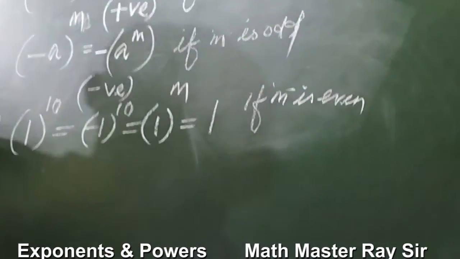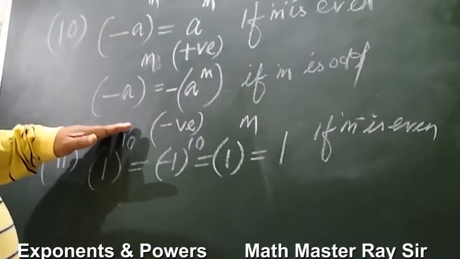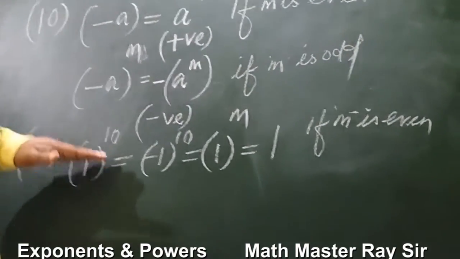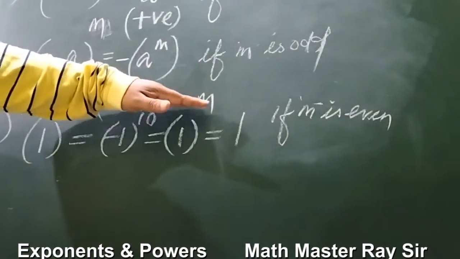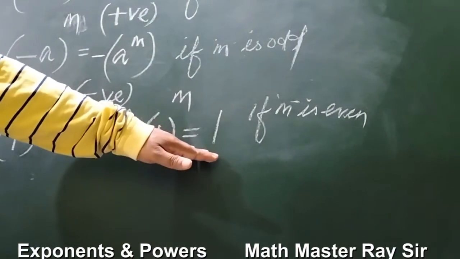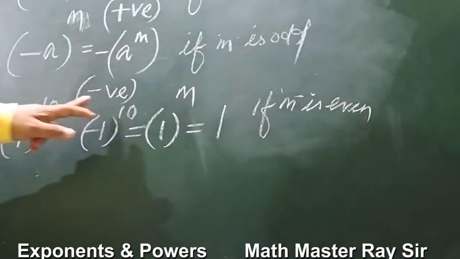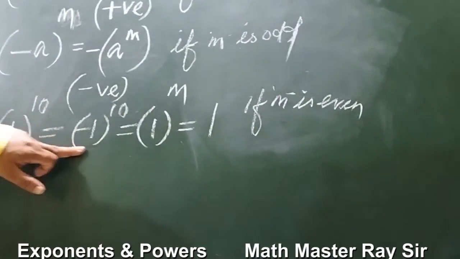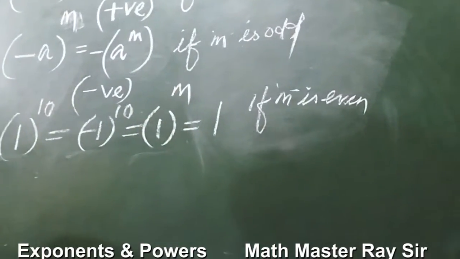If m is even, say 1 to the power 10, 12, 14, the result will be positive. If m is even, whether 1 or minus 1 is given, the result will be 1.